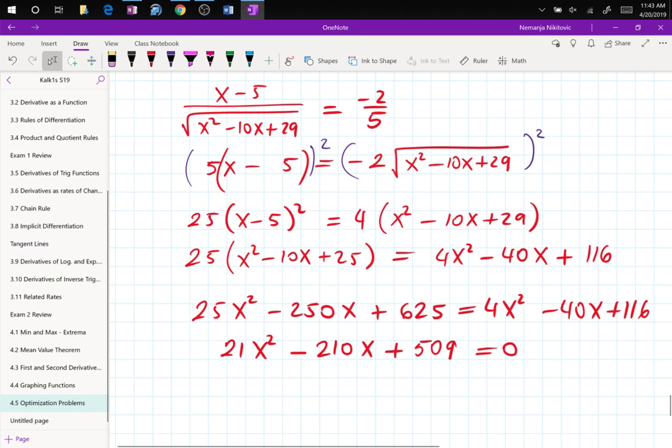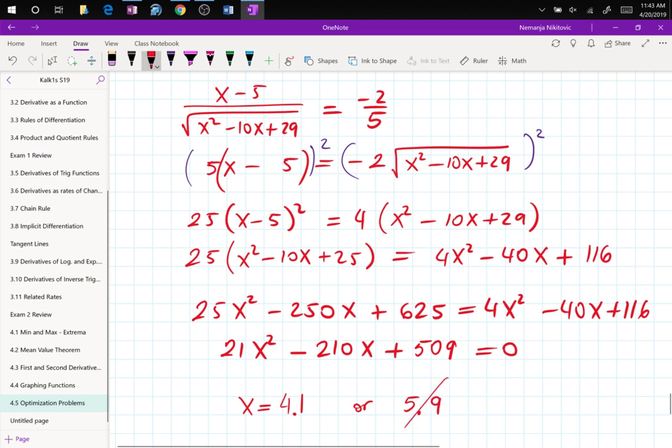And then use the approximate form to give you decimals. We get x equals 4.1 or 5.87, about 5.9.